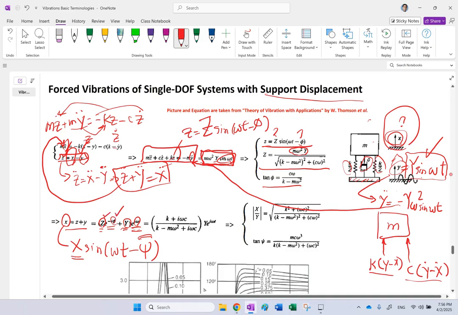So if I replace them right here, I should be able to find X and psi directly in terms of capital Y and omega.